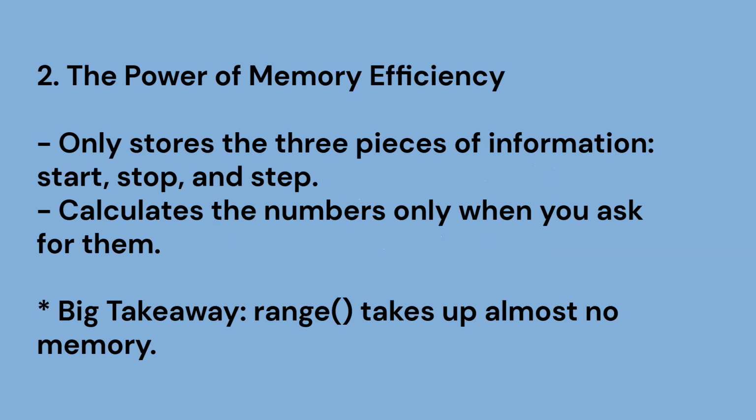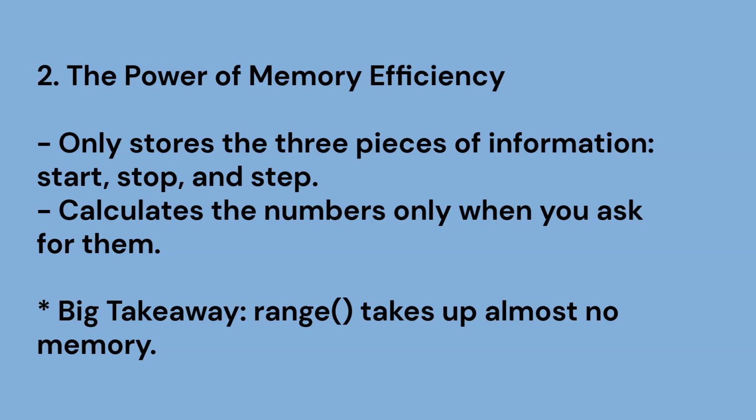2. The power of memory efficiency. This is where range truly shines, especially for scientific computing. Unlike a list which creates and stores every single number in memory immediately, a range object is lazy. It does not generate or store all the numbers at once. Instead, it only stores the 3 pieces of information: start, stop, and step.